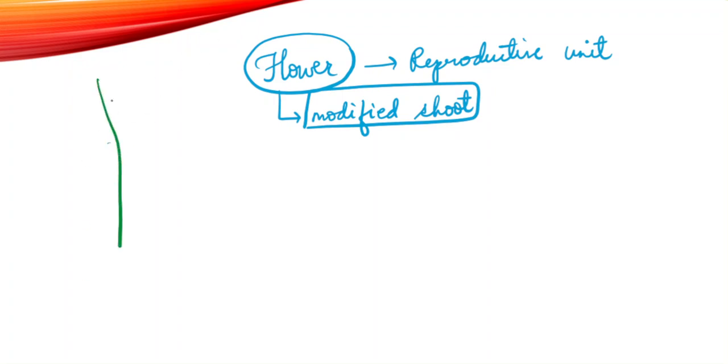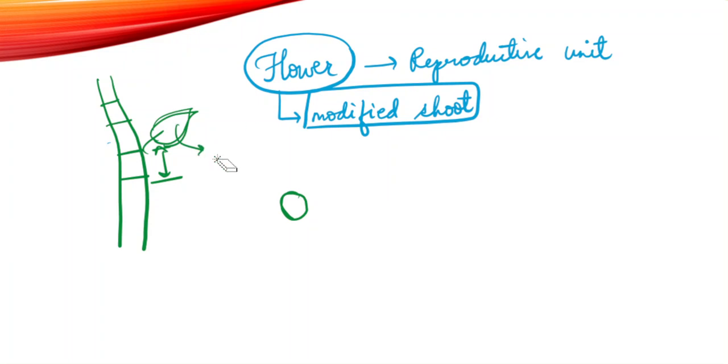So there was a stem, and this stem has nodes and internodes, and the distance between the node and internode is very big here, right? But when a flower is made, the leaves here are actually getting modified into petals.